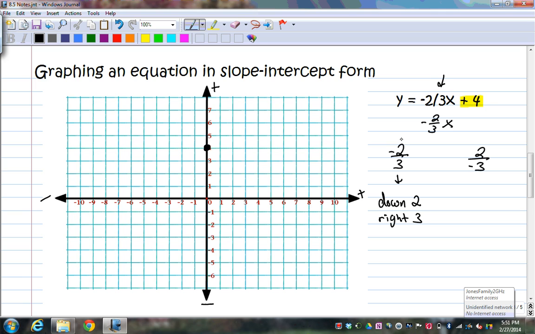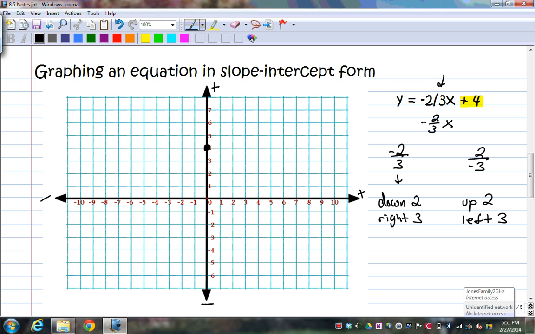Because down, because the negative is on the 2, and then the right would be positive. The negative only applies to either the numerator or the denominator, but not both. This one here, top is positive, so that says go up 2, and the negative is on the 3, so you would go left 3, which is the negative direction.